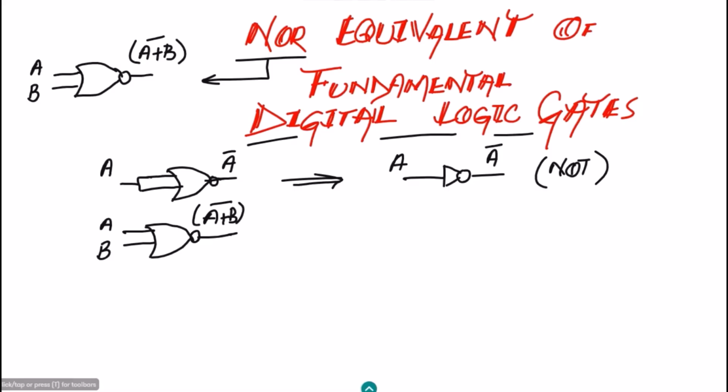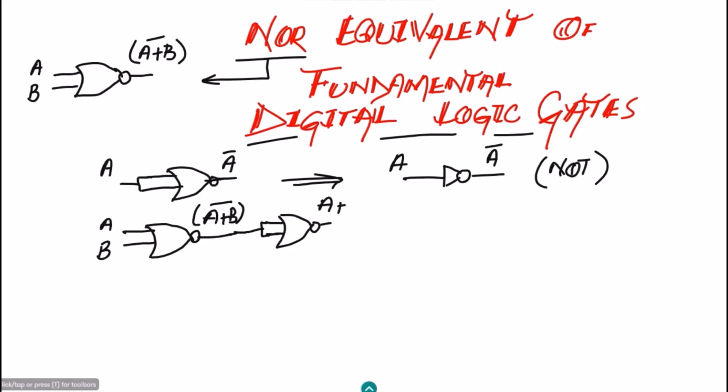Then this is applied to another NOR gate, whose two inputs are shorted together, and the same output of the first gate is applied to the input of this. What I will get at the output of it is that the complement of both will cancel each other, because negative of the negative is positive.